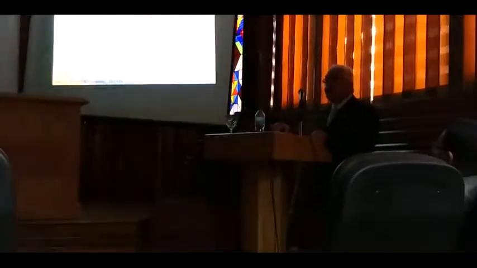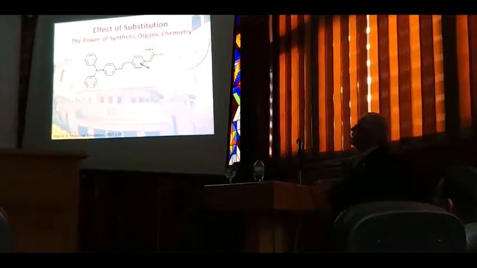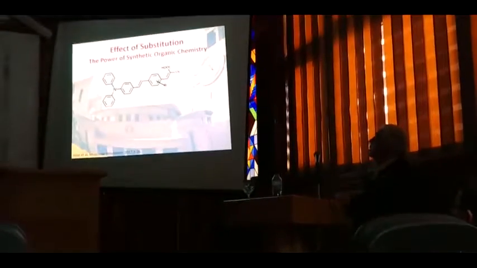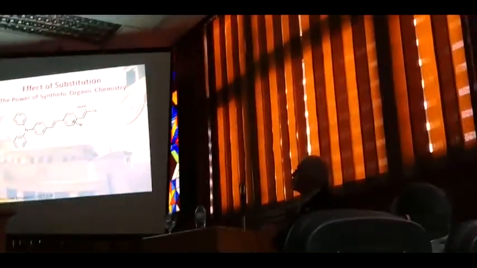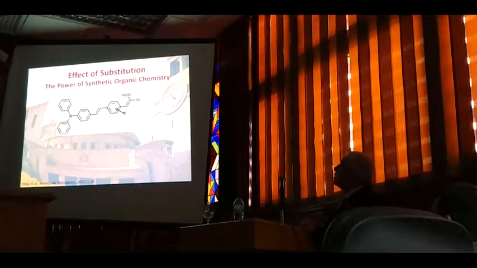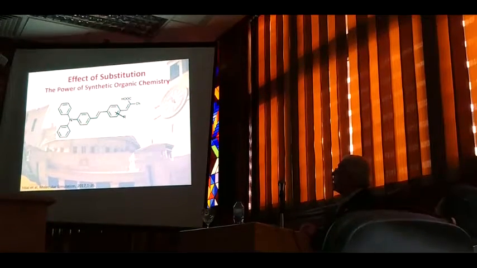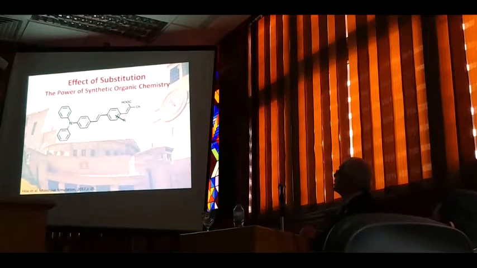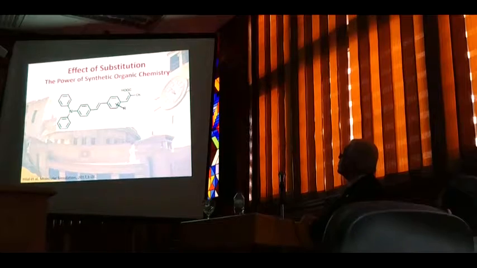This is another approach we did. We did several papers on trying to find the effect of substitution to increase efficiency. This is the donor, triphenylamine donor, and this is the bridge, vinylene moiety as a bridge, and then the cyanocarboxyl group.